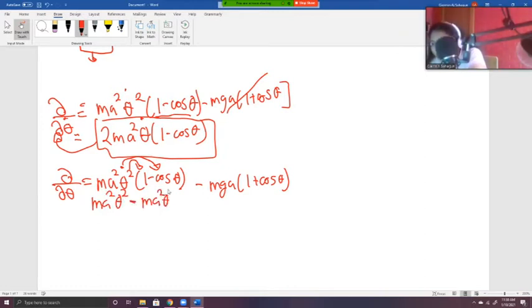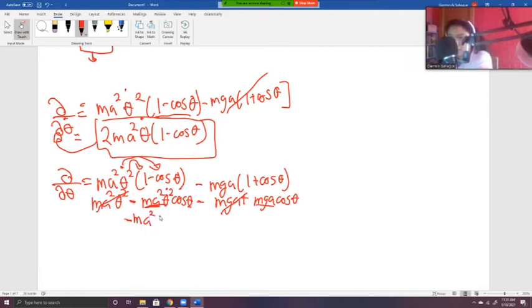So, distribution property in algebra here and here, so that would be ma squared theta dot squared minus ma squared theta dot squared cosine minus mga plus mga cosine. So this is plus, okay. Alright, so this one will be cancelled, this one will be cancelled, and then we're going to do the partial derivative here because there is a sine.